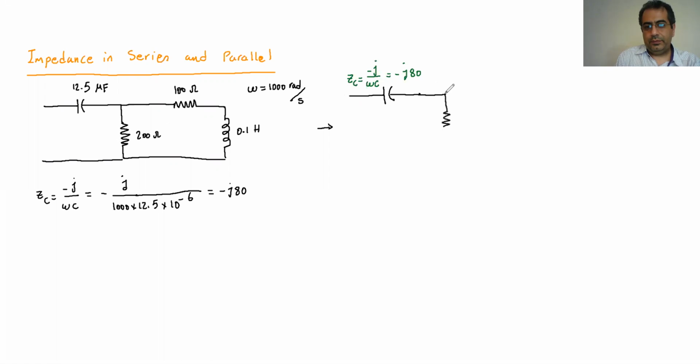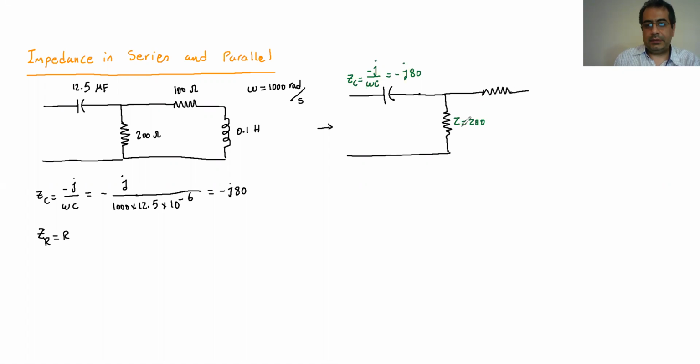So I know that the ZR is just the R. We know that for the resistance, the impedance for the resistance is just the R. So for this one, the Z is just 200, similar to the one at the top here.